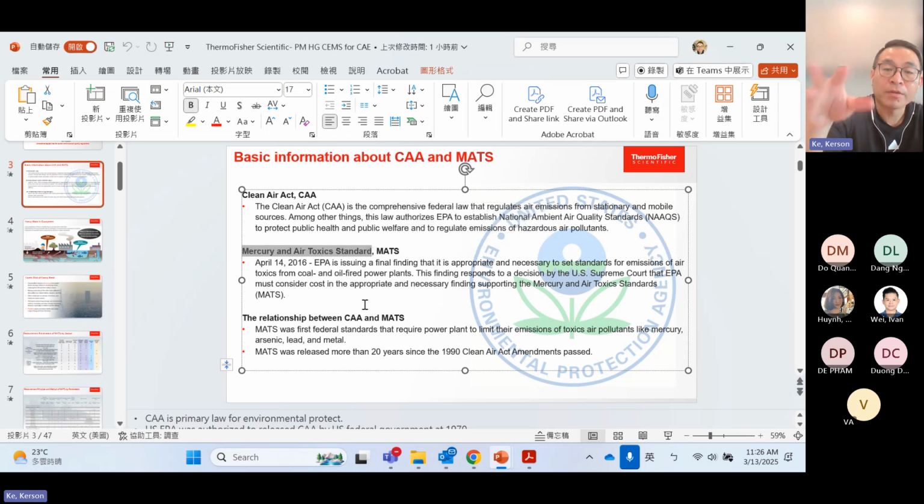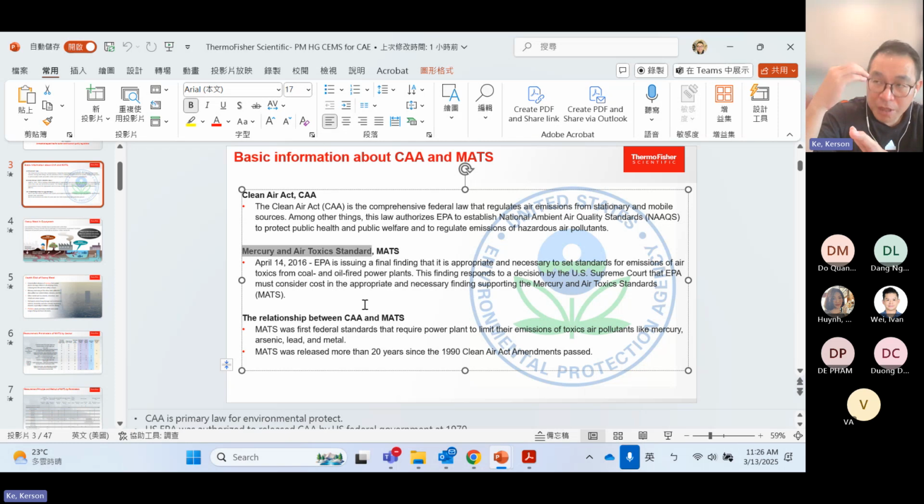During this regulation, there are two parameters that need to be monitored. One is mercury, another is particulate matter. Why? Because for those air toxic gases, they mainly focus on heavy metals. But heavy metal from the stack is very hard to measure, because so far I think there are no commercialized heavy metal analyzers for stack monitoring, because the detection minimum is very low.